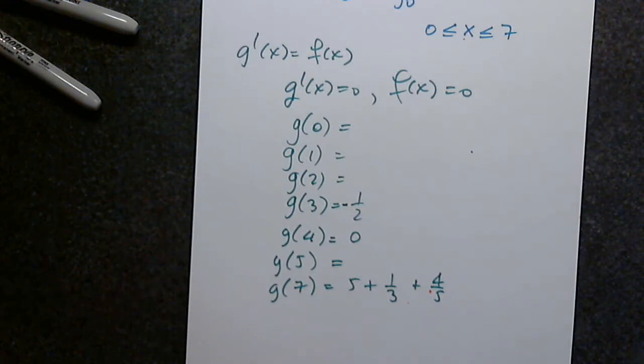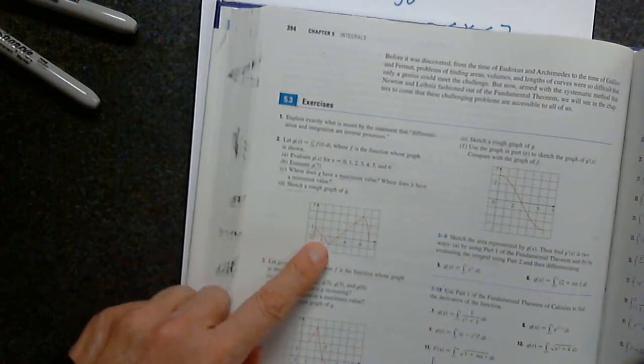So when we look at the area on the graph, we start with a positive value, but then we subtract. Obviously at 2, the area is 0. Then at 3, it's negative 1/2.